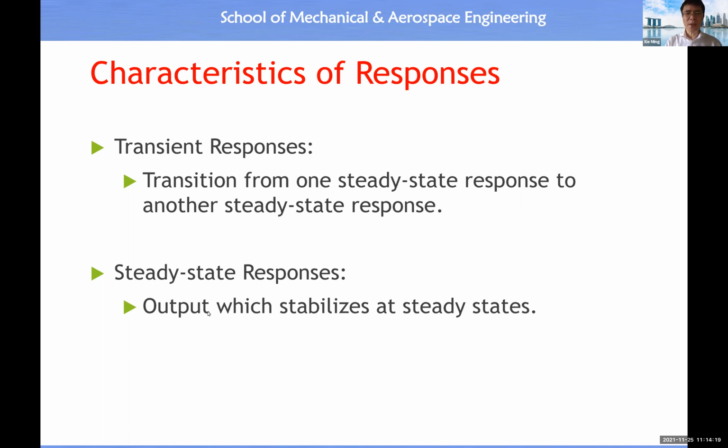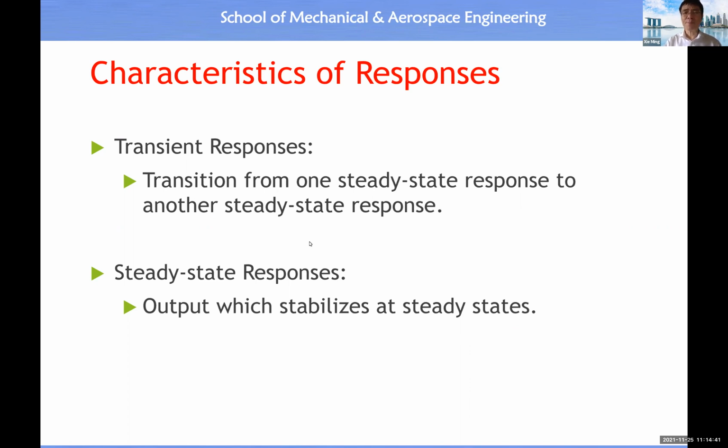First we need to understand what a steady state response is. A steady state response means the output which stabilizes at the steady state. Steady state means there is no change of the state. Once you understand what a steady state is, then immediately you understand what a transient response is.